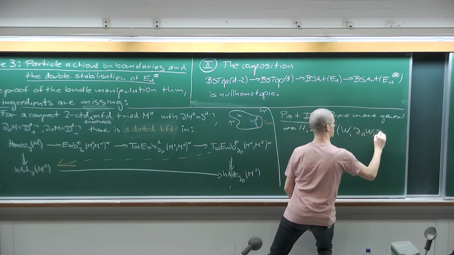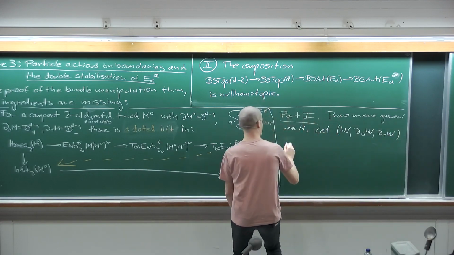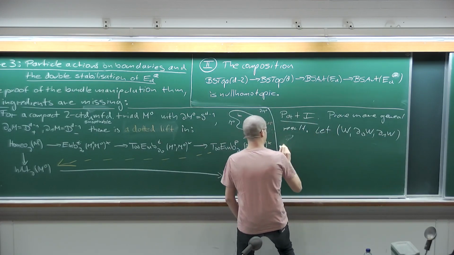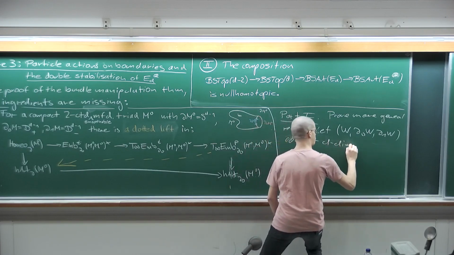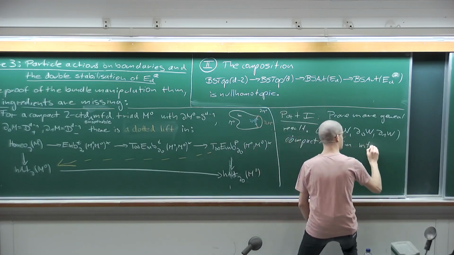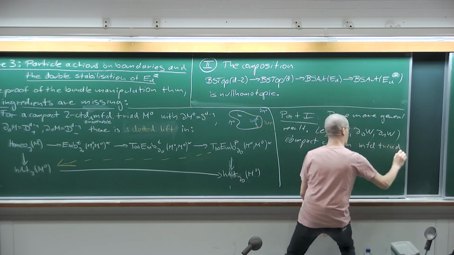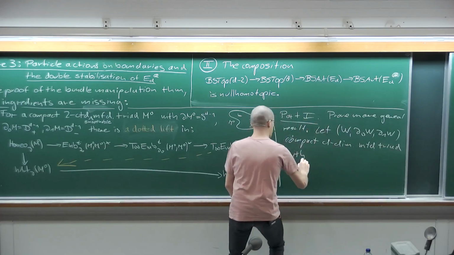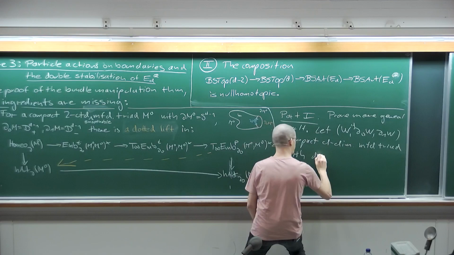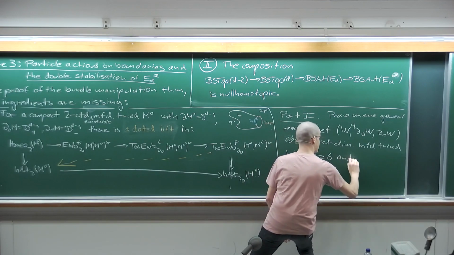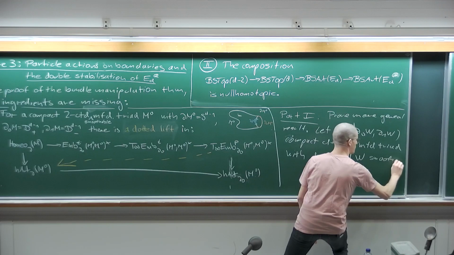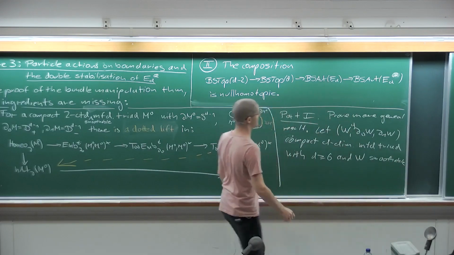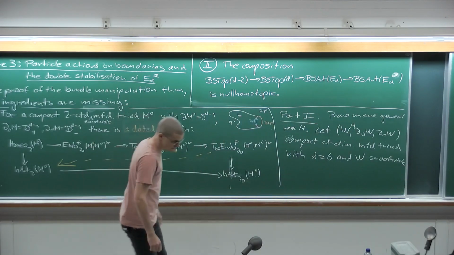Let's call it W to distinguish it from M. This is a compact, d-dimensional topological manifold triad of dimension at least 6. And W is assumed to be smoothable. This will have something to do with convergence of topological embedding calculus needing some smoothness assumption.